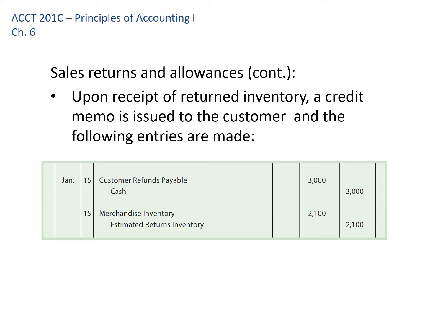Again, we also make another entry to record that we now have $2,100, that's our cost of merchandise that came back to us that we put back on the shelf to sell to other customers, and we credit that estimated returns inventory, the inventory that's floating out in the world that's eventually going to come back to us. We reduce that with a credit.